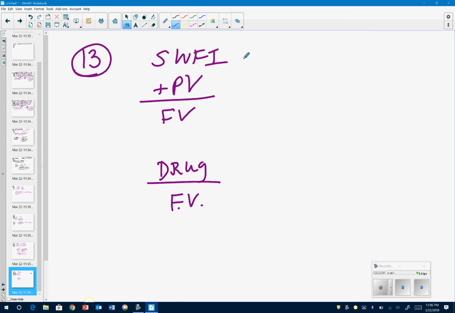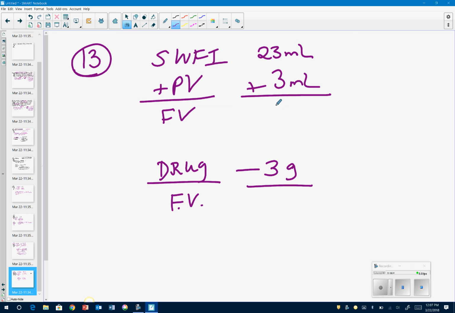So if you read your problem, you add 23 milliliters of sterile water for injection into a 3 gram vial of antibiotic, so your drug is 3 grams. It has a powder volume of 3 milliliters. Add those two together, and it makes 26 milliliters final volume.